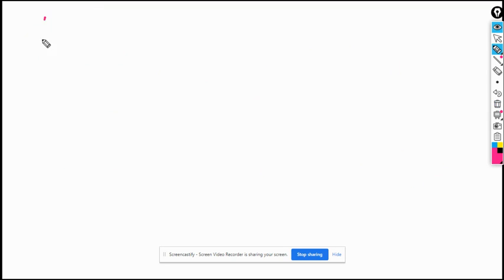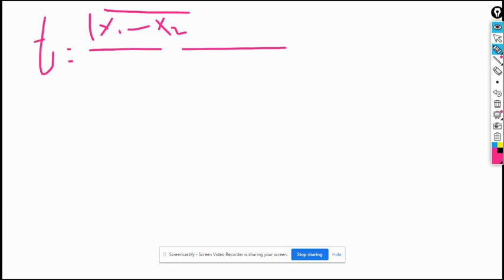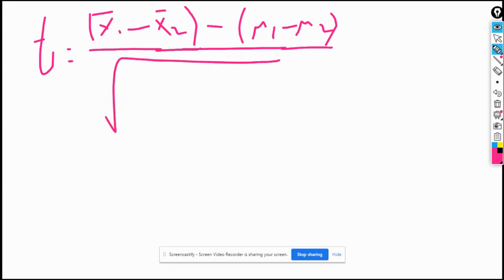So for t, we said average 1 minus average 2 minus (mu1 minus mu2) divided by the square root of standard deviation 1 squared over n1 plus standard deviation 2 squared over n2. So I'm going to start to plug in.